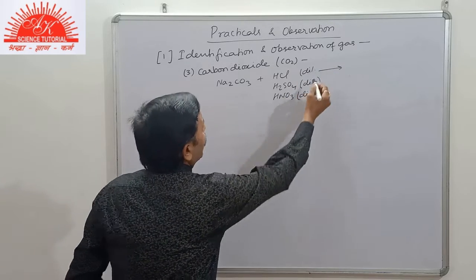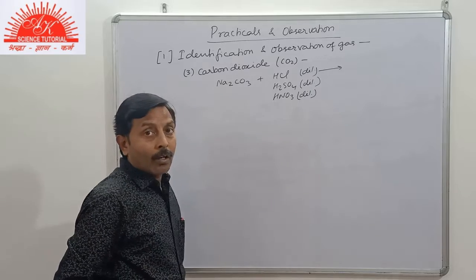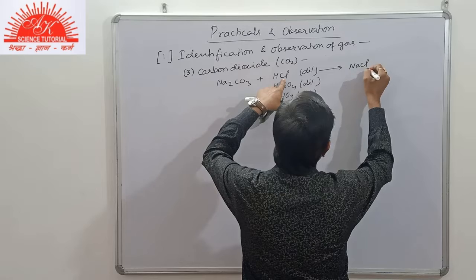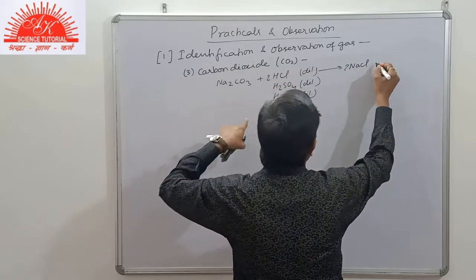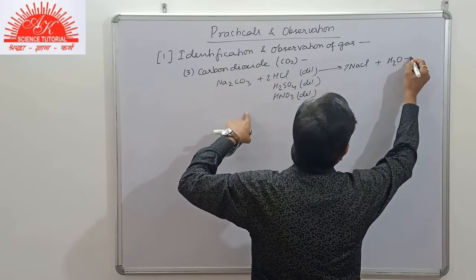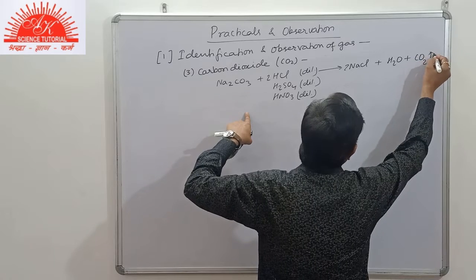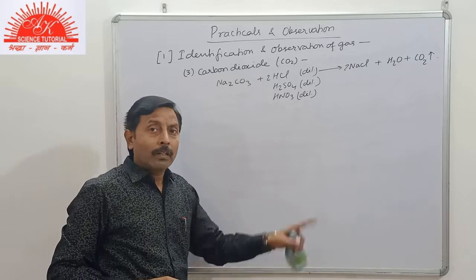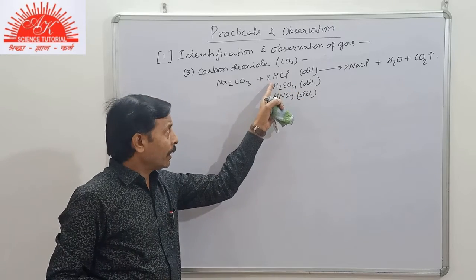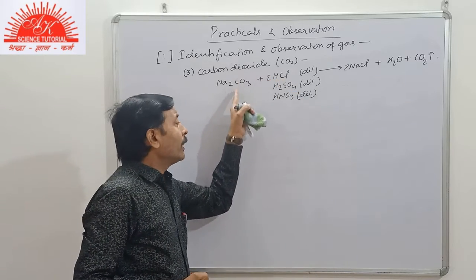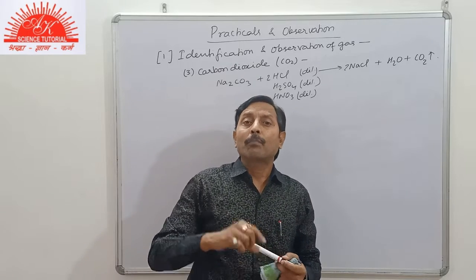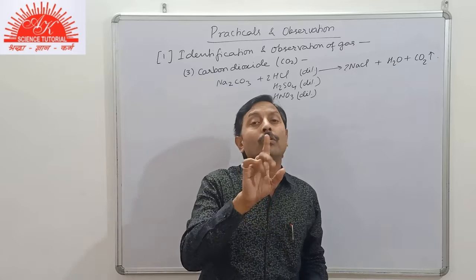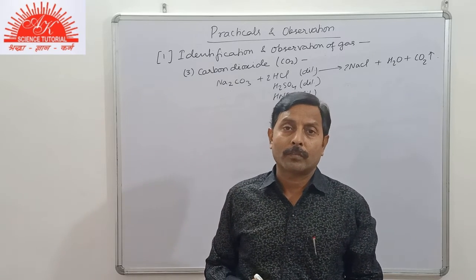In all these cases it gives salt plus water, and then CO2 gas is evolved. When dilute acid is added to a metal carbonate or bicarbonate, CO2 gas is evolved. This is also a property of an acid.